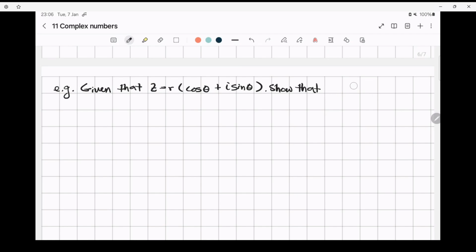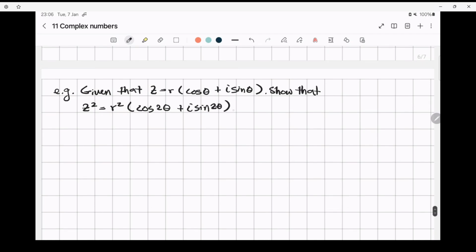Sorry, perhaps it's better I write here. So you need to show that z squared equals r squared times cos 2 theta plus i sine 2 theta.